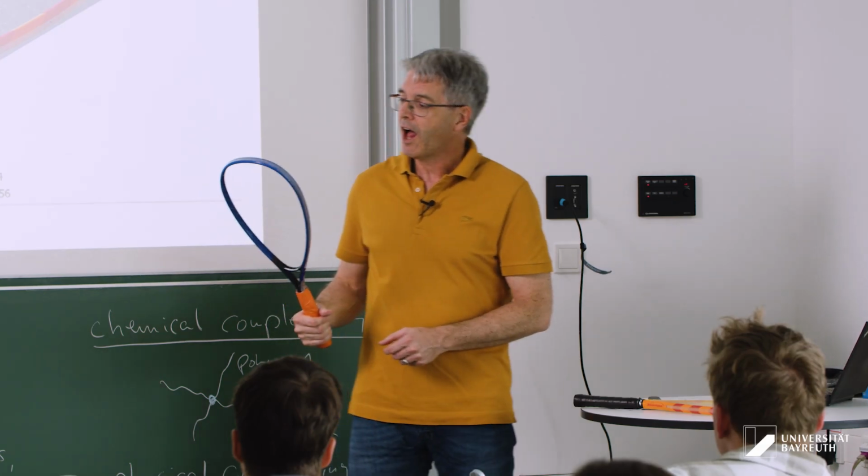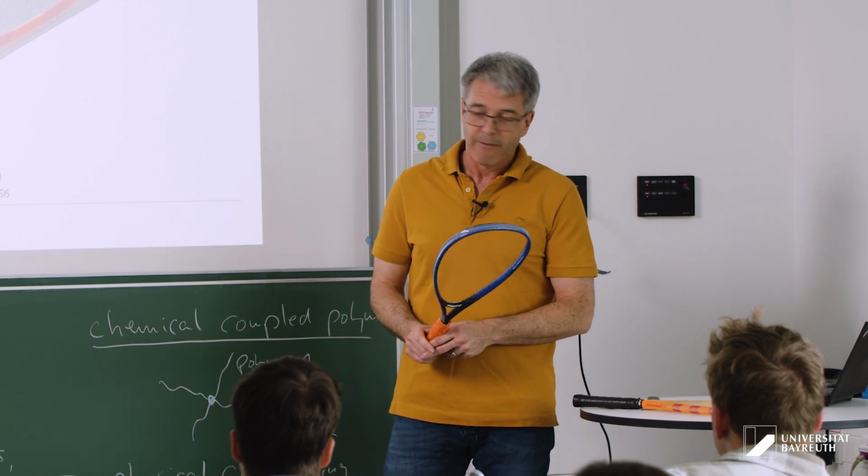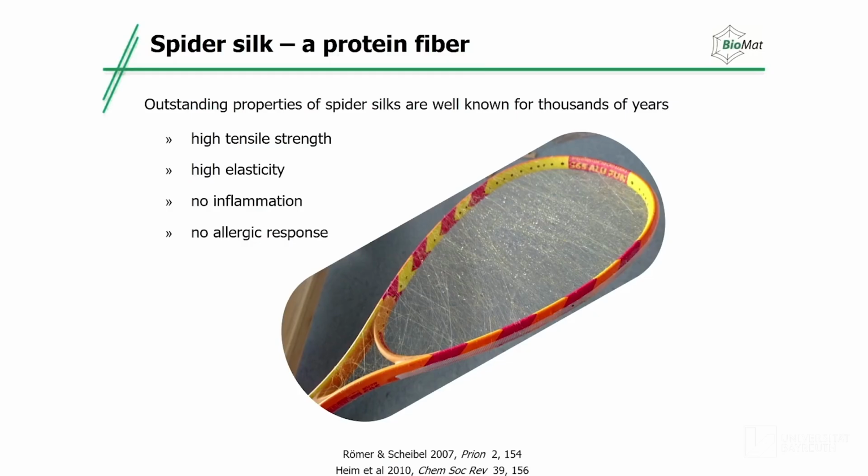Still, you can now compare the mechanical properties of both, and what you will see is the strength of the spider silk is much higher, and this is due to the fact that it combines a high strength and some elasticity. So you see the bouncing ball.